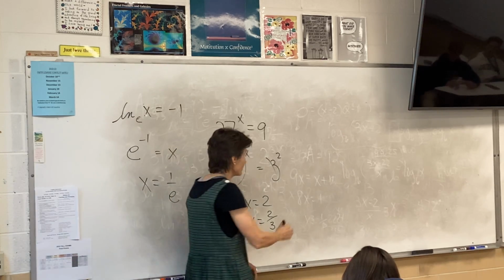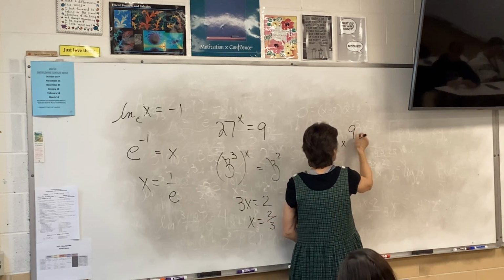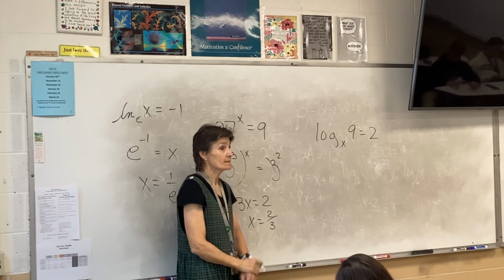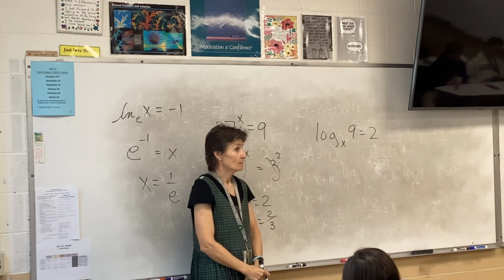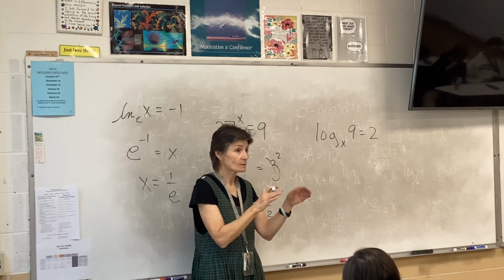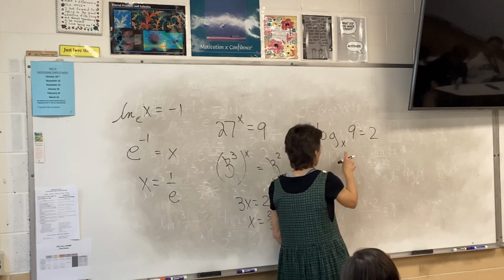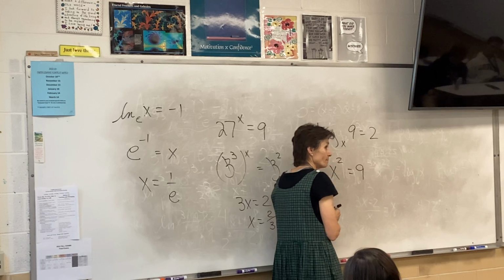All right, last one on this page. What are you gonna do with this one? Isn't it log equals a number? Whenever it's log equals a number, we're going to loop-de-loop. Start with the base, x to the second equals 9.